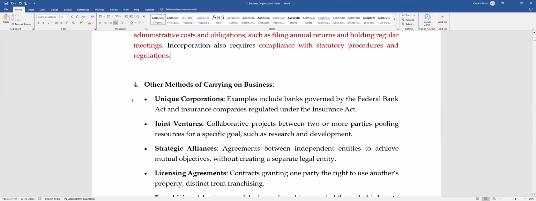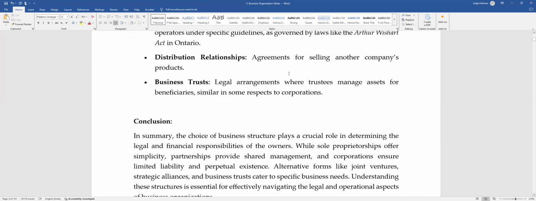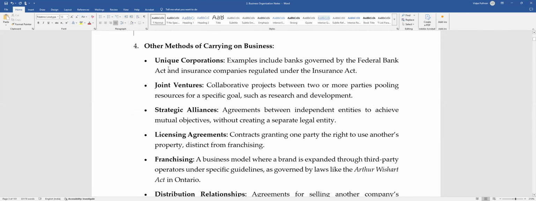Now, other than that, we can also see different forms, other methods of carrying on business. We'll go through it very briefly, and then we are done with this chapter. Unique corporations. Examples include banks governed by the Federal Bank Act and insurance companies regulated under the Insurance Act. So they are unique corporations. They are set up for profit, of course, banks also look after their profit, right? They also have a board, and this year this bank is at the top in generating profit. So that is there too, but they are done in a unique way, right?